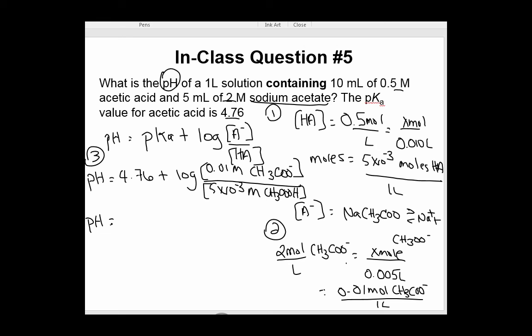I don't have the math worked out in front of me, but I got a pH equal to 5.06 when I solved for that. So you would just divide the conjugate base by the conjugate acid, take the log, and add that value to 4.76. All right.